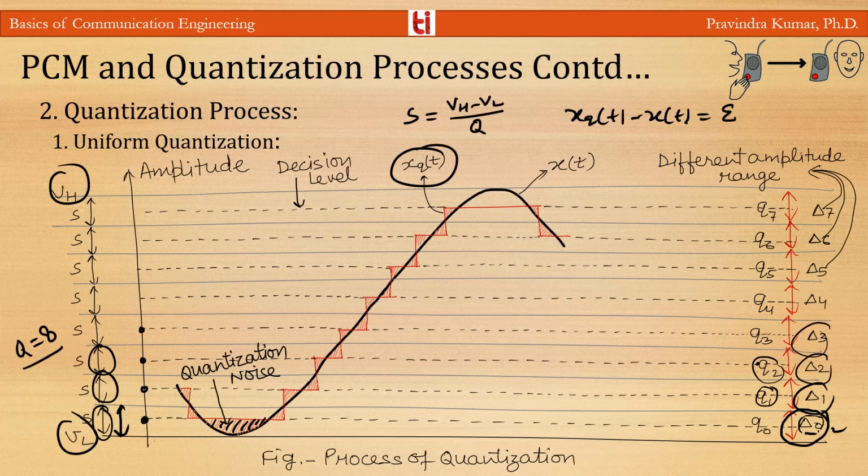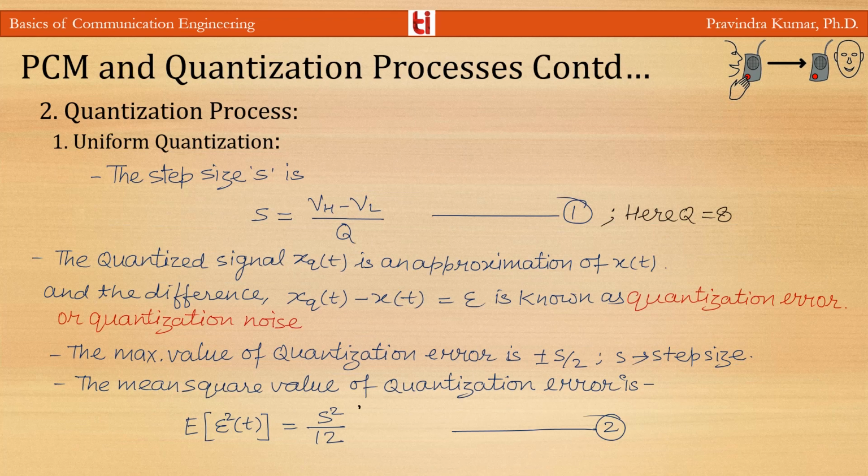So, to reduce the quantization error, we have to reduce the step size by increasing the number of quantization levels, that is Q, and the mean square value of the quantization error will be S squared by 12. So this is the mean square value of the quantization error, S squared by 12.